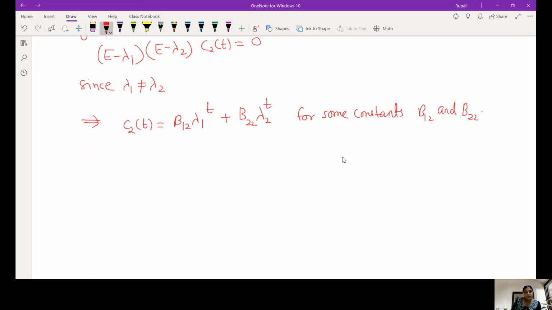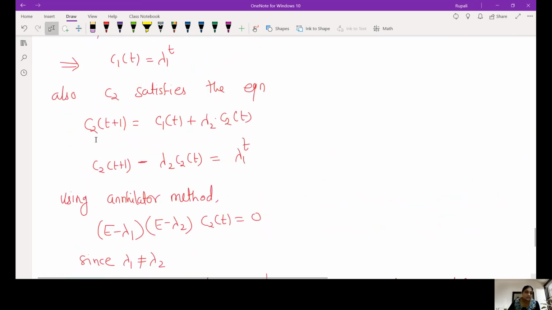So continuing in this way, we can find C3(t). C3(t) satisfies C3(t+1) = C2(t) + lambda 3 times C3(t).